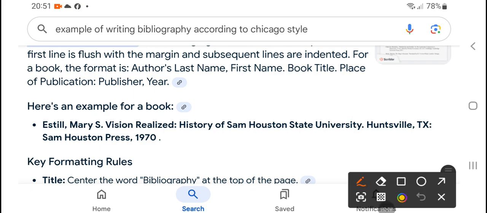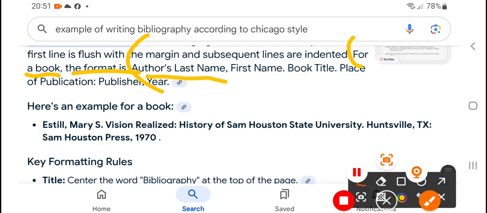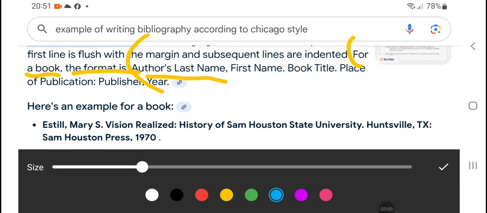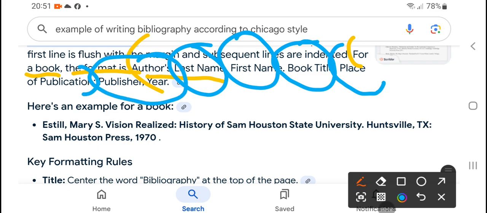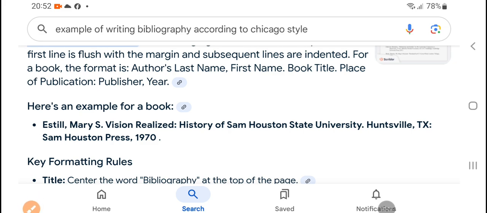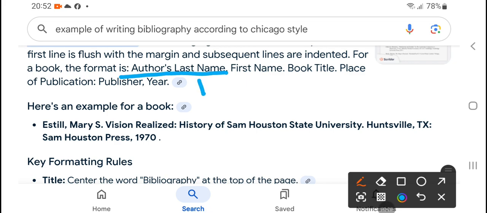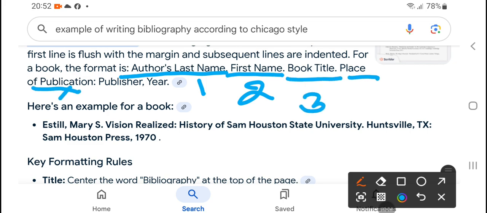Very important, and that's why this video is made. For a book, the format is: first the author's last name, please take care, then first name, then book title, then place of publication, then publisher, and then the year. Repeating: author's last name, number 1; first name, number 2; book title, number 3; place of publication, fourth one; publisher, fifth one; and year, sixth one.